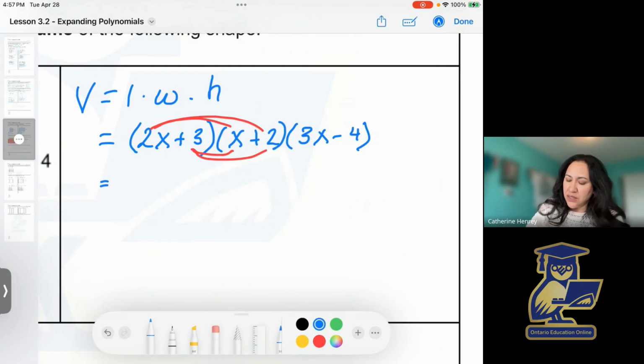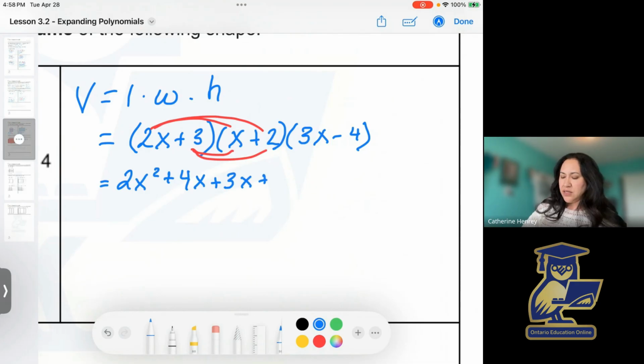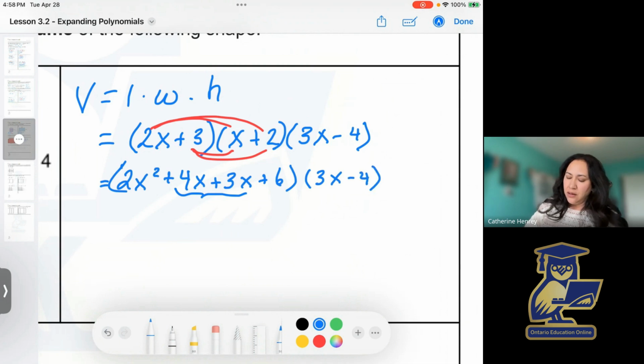So 2x times x is 2x squared. 2x times 2 is plus 4x. 3 times x is going to give me plus 3x. 3 times 2 is going to give me 6. So that is the expansion of the first two. Going to keep this last bracket here. We haven't touched it yet. Let's simplify: 2x squared plus 7x plus 6.